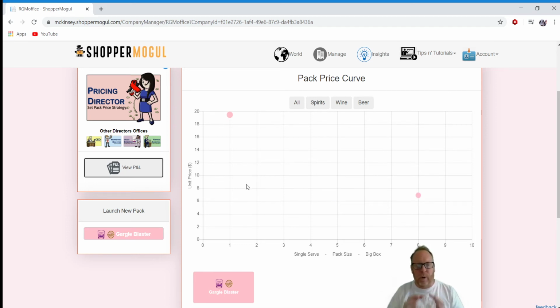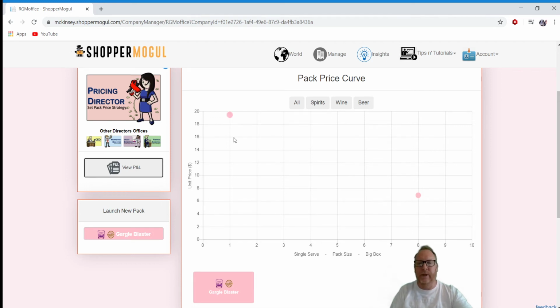I think this is one of the critical things to understand about the game. The marketing director was responsible for deciding that Gargle Blaster was a brand that your company should be pushing, and for really managing the positioning of Gargle Blaster, making a product which is appealing to consumers as an idea or as a taste. Your job is to convert that into money. And obviously, people don't buy concepts or tastes, they buy packs.